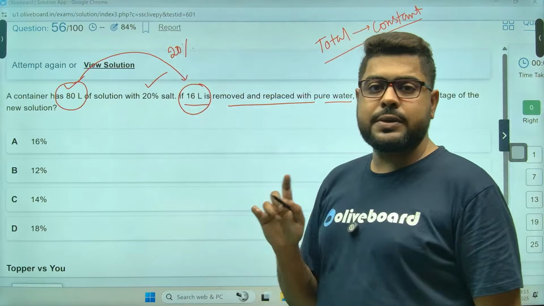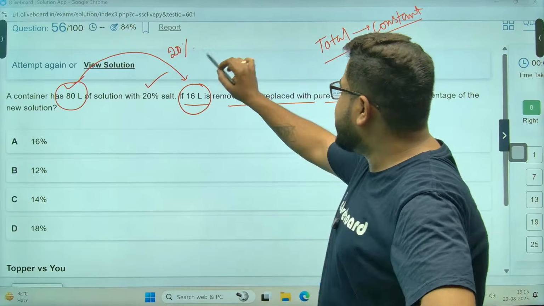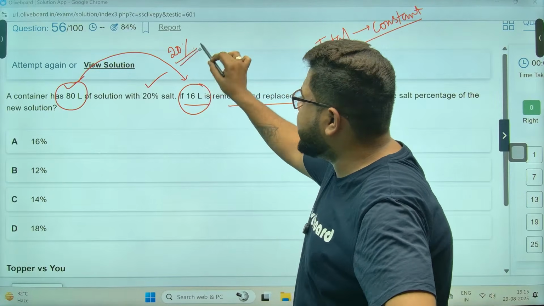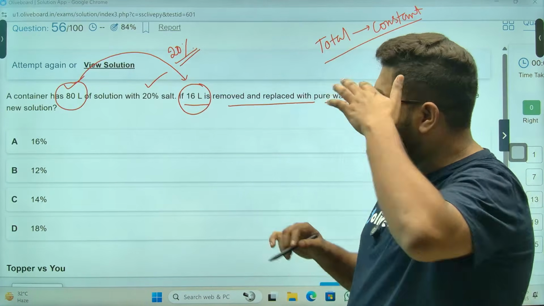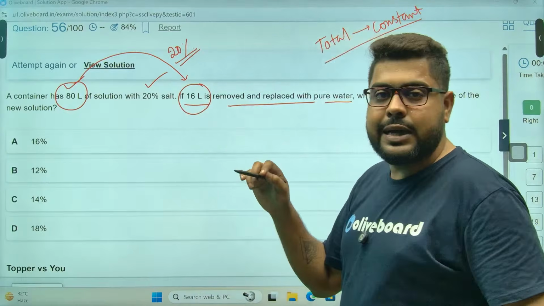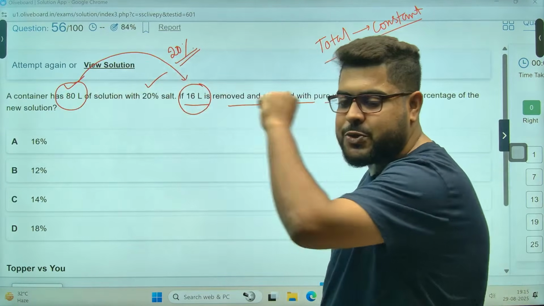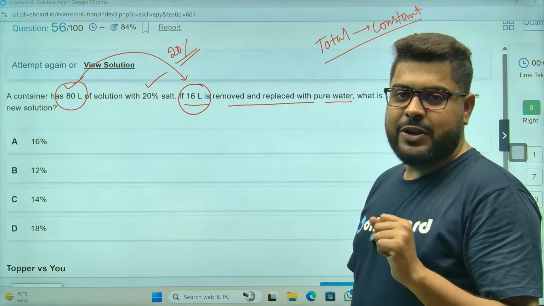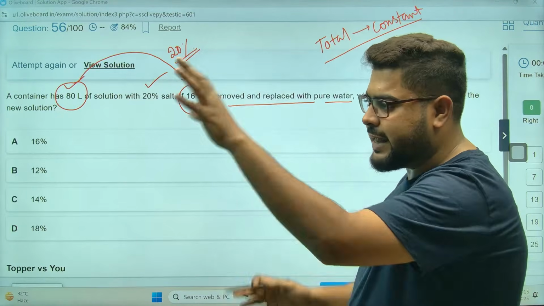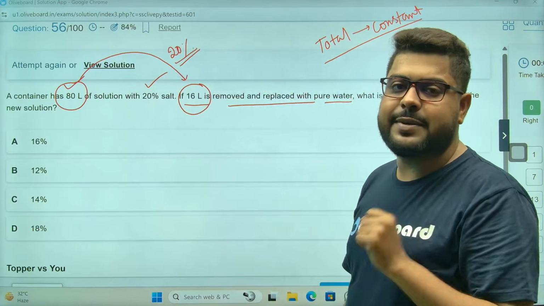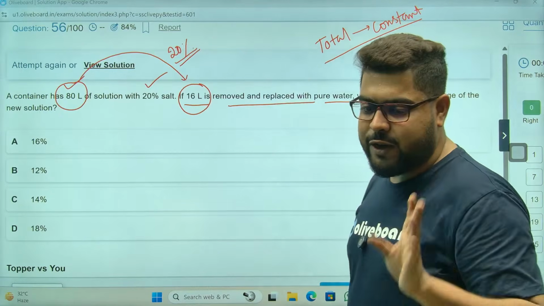20% of the solution. The logic is, if in replacement I take out 20% of the solution, that means if it is a solution of salt and water, I will take out 20% of salt, I will take out 20% of water as well. 20% of solution means I'll take out 20% salt, I'll take out 20% water. That's the beauty of replacement.